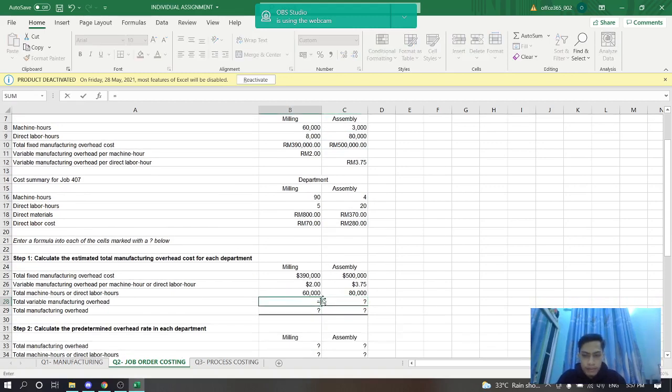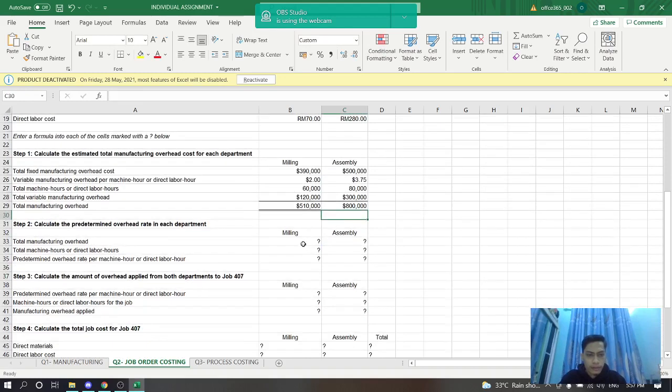Total variable manufacturing overhead is, and then same goes to the assembly. Okay, then total manufacturing overhead is the sum of the total fixed and the total variable manufacturing. Okay, next, calculate the predetermined overhead rate in each department.